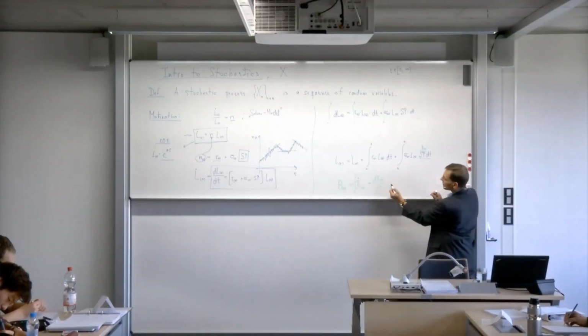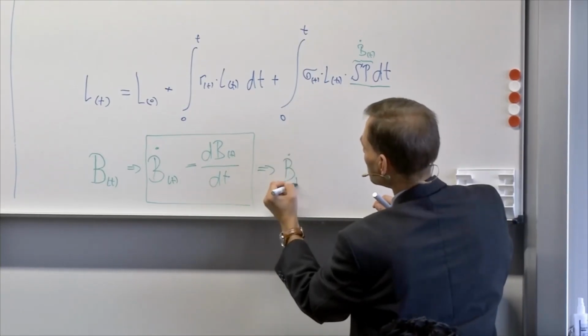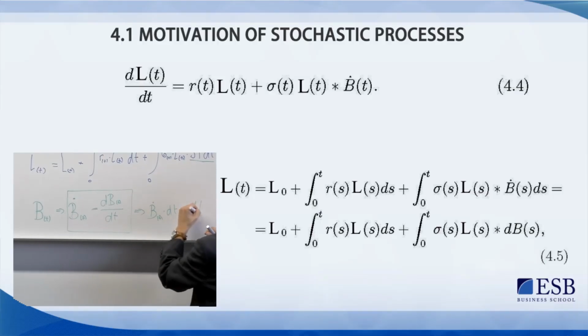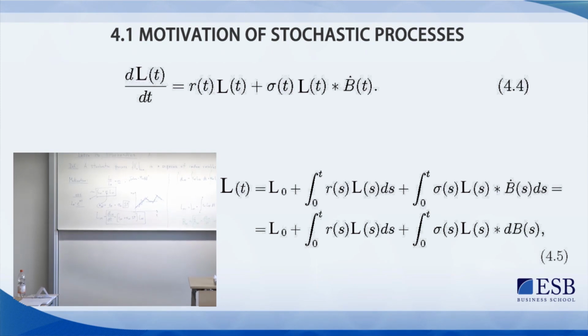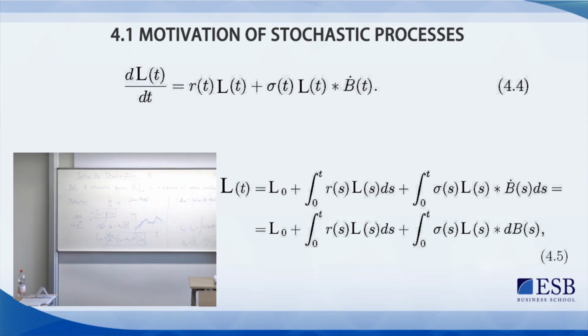Can you see that if I bring the dt to the other side, that we have bt dot times dt is the same as d of bt, right? That follows from here. So in other words, here the left-hand side is the same as this term. So in other words, I can rewrite this blue term and write down this.